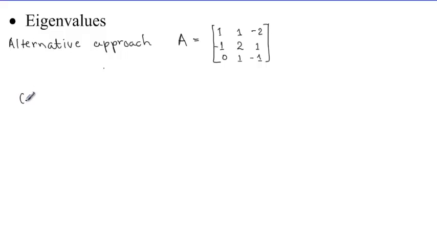That is, our starting point will be the determinant of A minus lambda I equals to 1 minus lambda, 1, 2, then minus 1, 2 minus lambda, 1, 0, 1, minus 1 minus lambda.